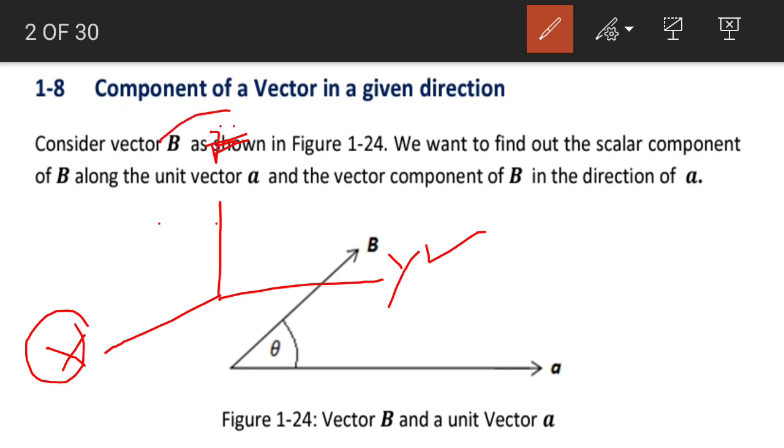Similarly, for the z-axis, we need the component along this line.